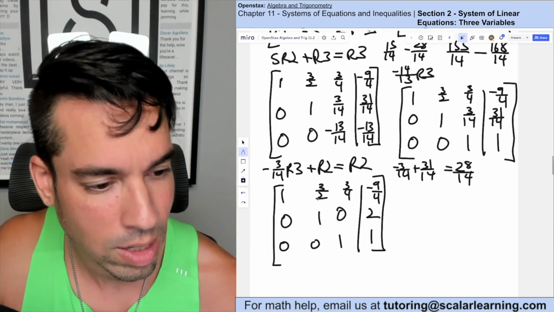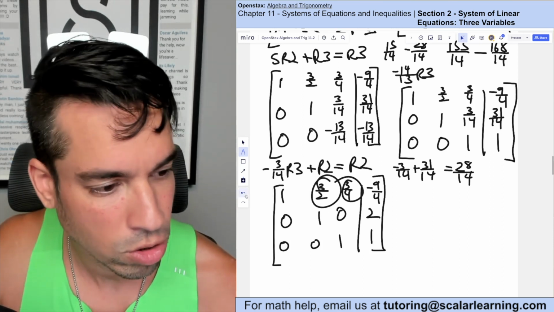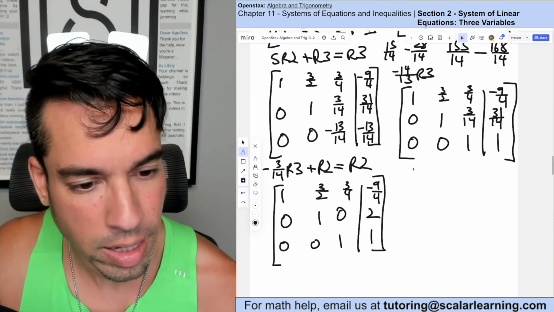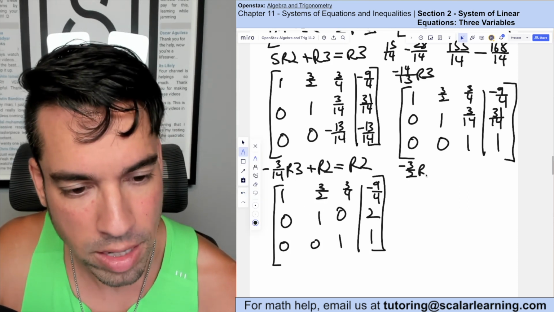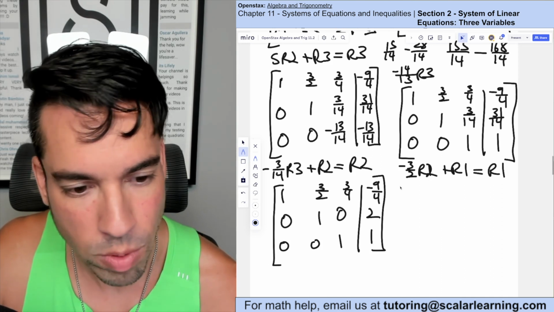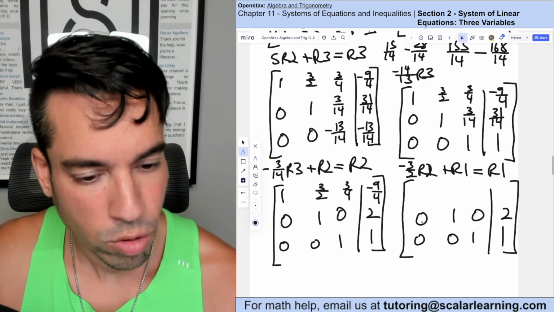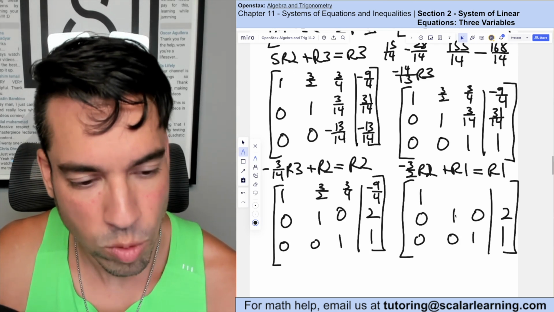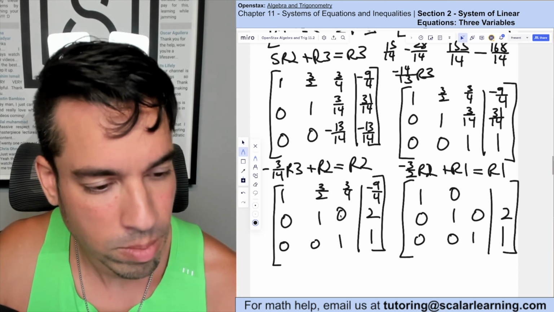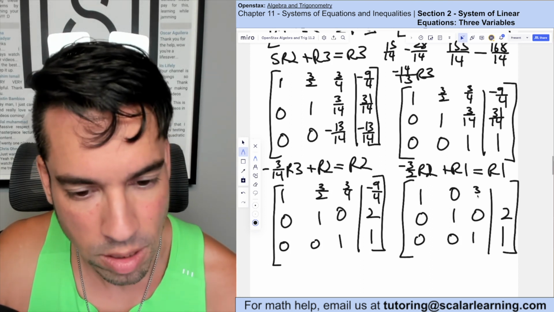All we got to do is get x. We got to clear these out to 0. Let's do that now. So first I'm going to multiply row 2 by negative 3 halves, and I'm going to add it to row 1, and we're going to get a new row 1. Let's write this out. So negative 3 halves times 0 is 0 plus 1 is 1, times 1 is negative 3 halves, so 3 halves is 0, just like we want, and then times 0 is 0 plus 3/4, that stays the same.